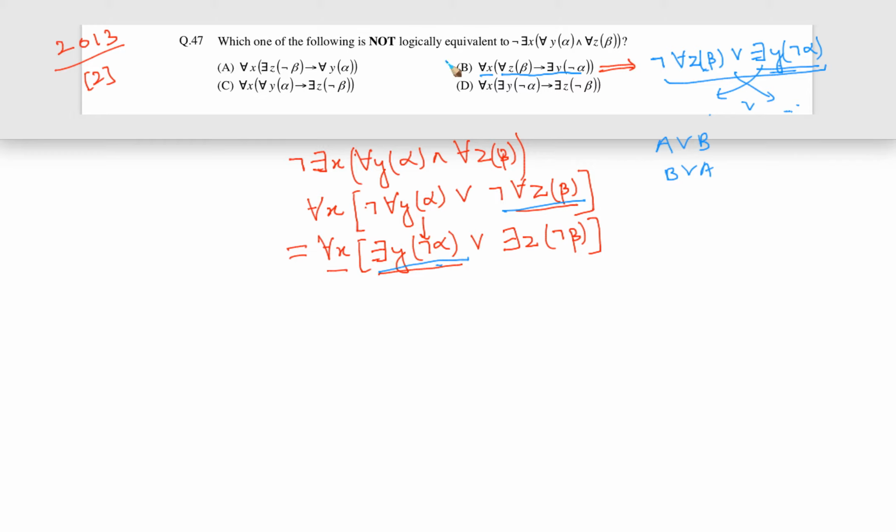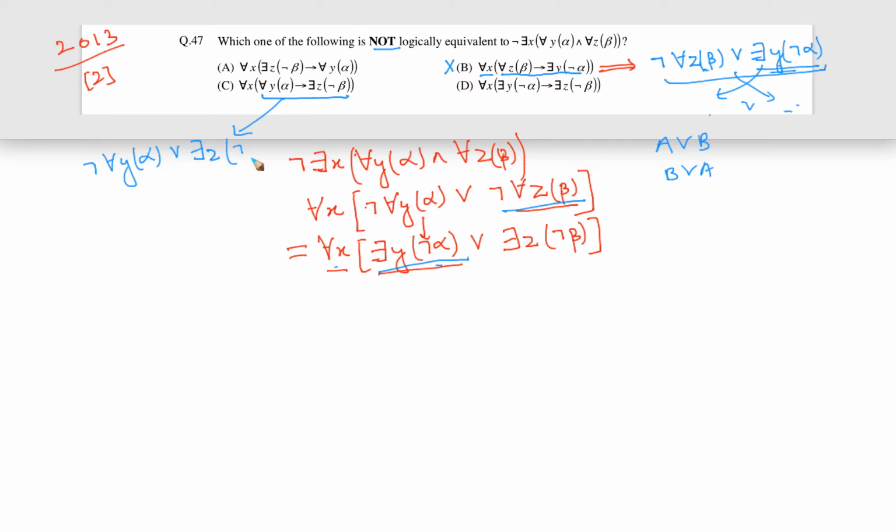C also again, this internal thing for all x is matching, right? This internal thing can be written as not of for all y alpha, or there exists z not beta. Let's try to match that.